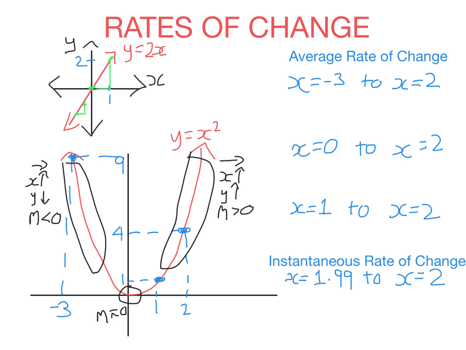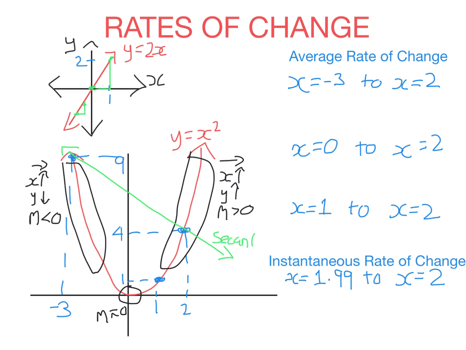So let's illustrate that. Let's calculate the average rate of change of the function between this point, x is minus 3, and x equals 2. What I can do is calculate the average rate of change that's occurred from here to here simply by finding the gradient of this line. This line hits the curve twice. It is called a secant.